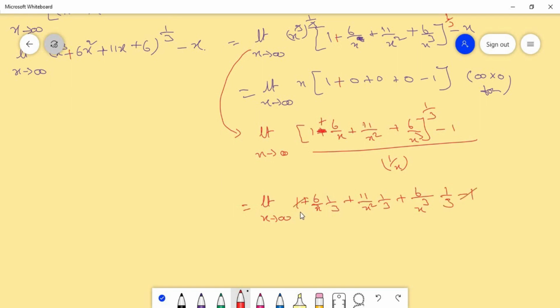Minus 1 plus 1 gets cancelled. Whole divided by 1 by x as it is.